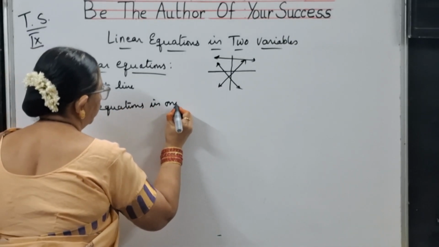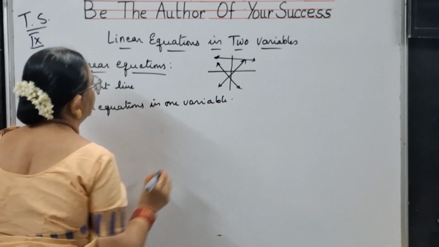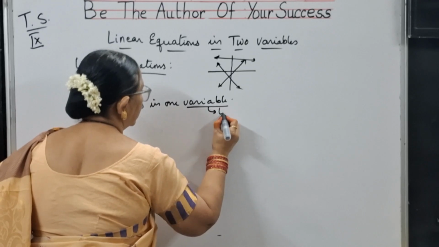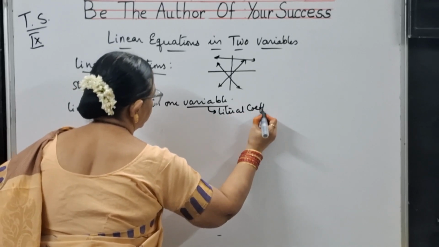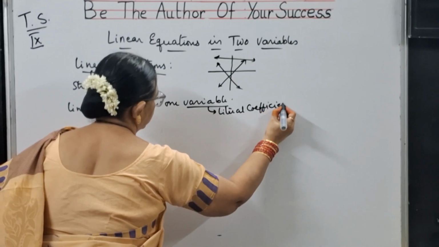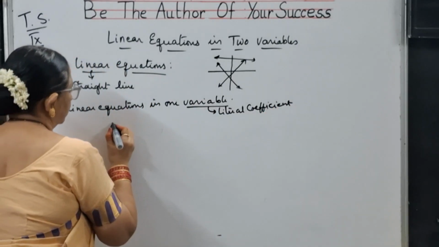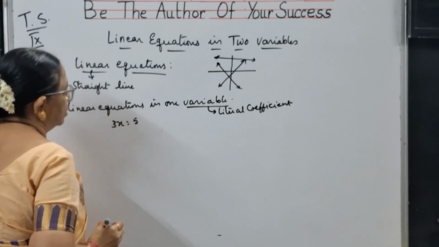Linear equations in one variable means what, children? What is this variable? Variable is nothing but a literal coefficient. Literal coefficient means letter. Suppose, for example, you have 3x = 5.